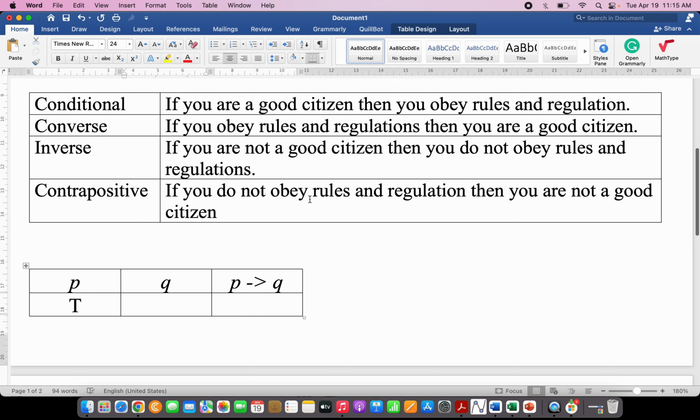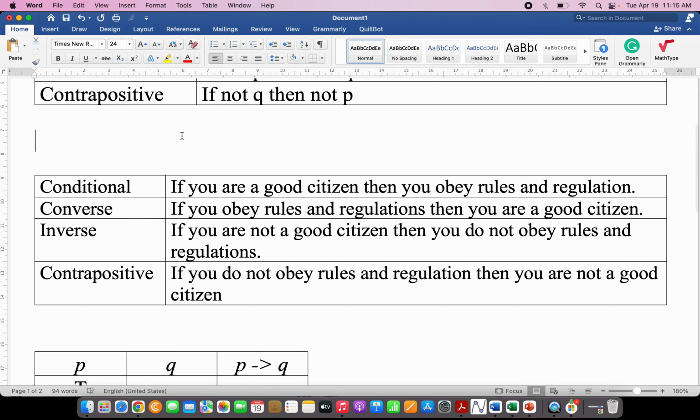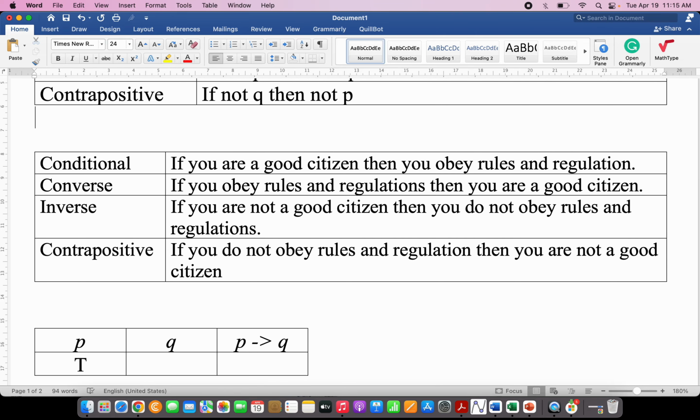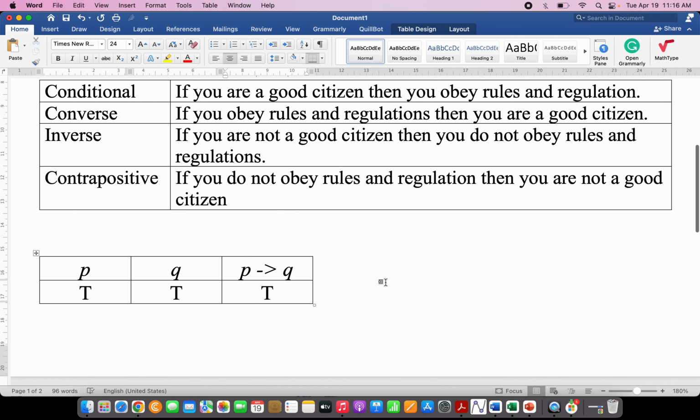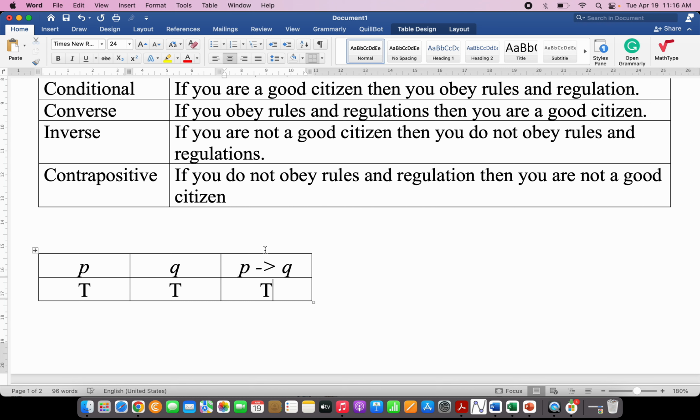If you are a good citizen, then you obey rules and regulation. Is the conclusion correct? Yes, true. So therefore, the conclusion here is true. The truth value is true. Although wala pa naman to na part.